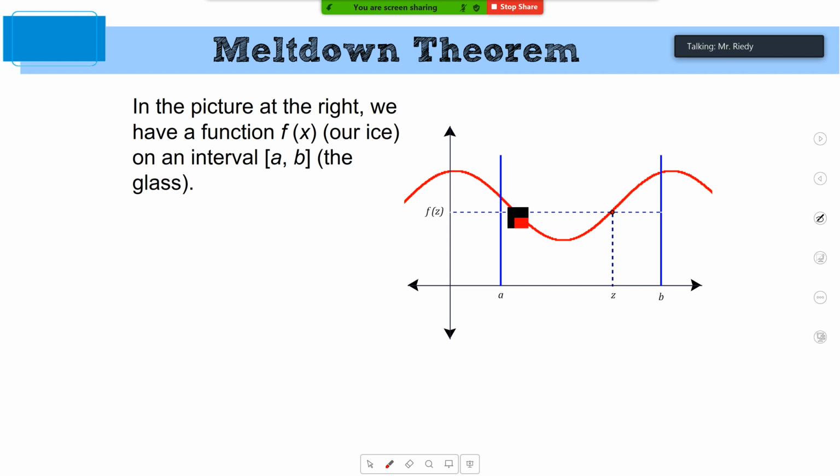You'll see that some of the ice is above the level of the water, and some of the ice is below the level of the water. And when it melts, it hits that water level. So f of z is our water level. How does the red area compare to the blue area?